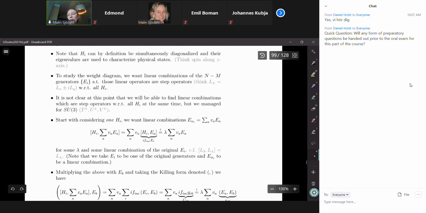And what I want is that the commutator of HI with that guy should be that guy. That is what I want, up to a constant lambda.